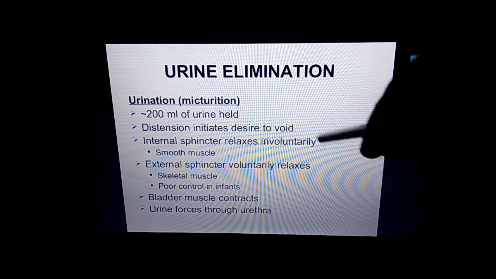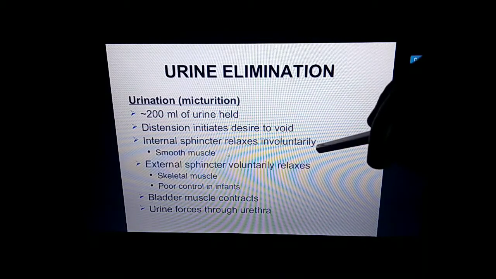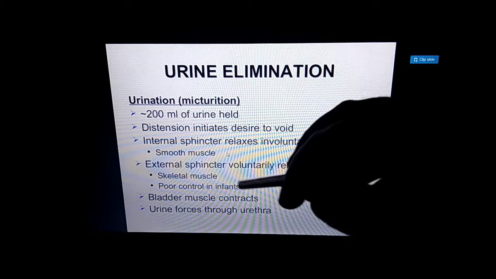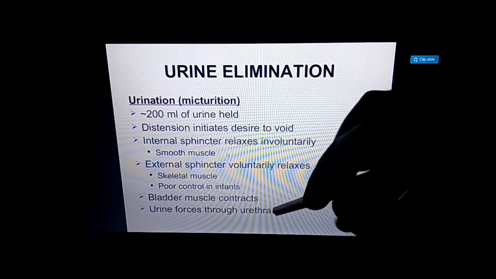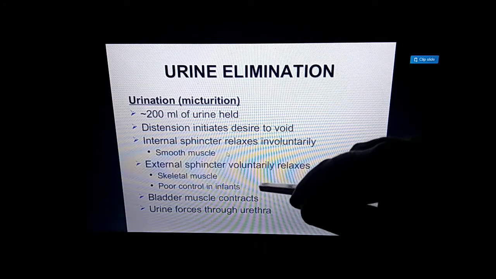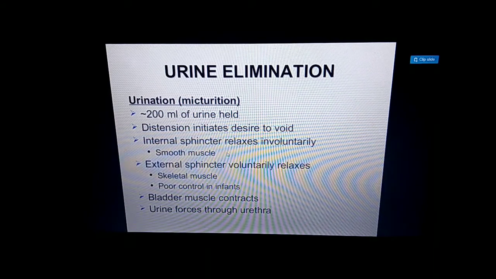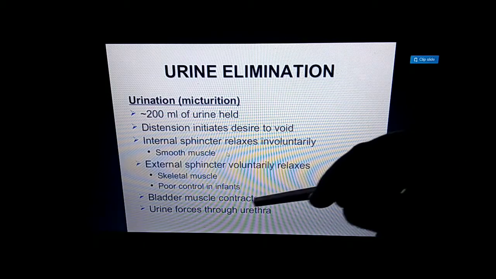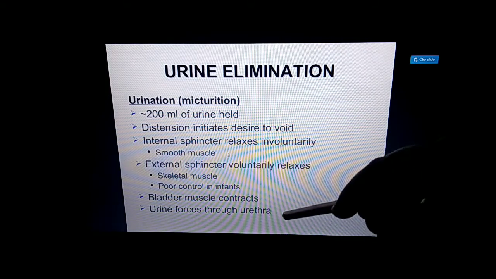Then distension initiates the desire to void. The internal sphincter, as we already discussed, is involuntary. The external is voluntary, made up of skeletal muscle. There is poor control in infants, because they have no control over voiding. The bladder muscle contracts and urine is forced through the urethra.